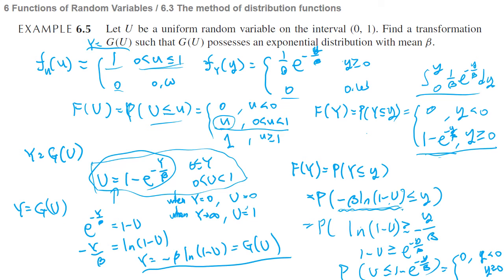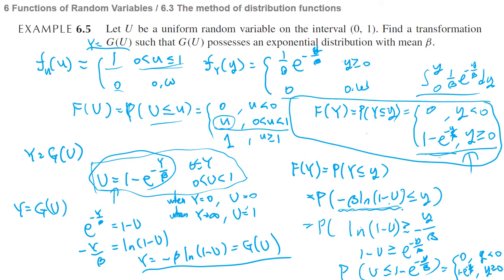That is 1 minus e to the minus y over beta, which is the same as this one. So we prove that our g of u is minus beta times ln of 1 minus u. Okay.